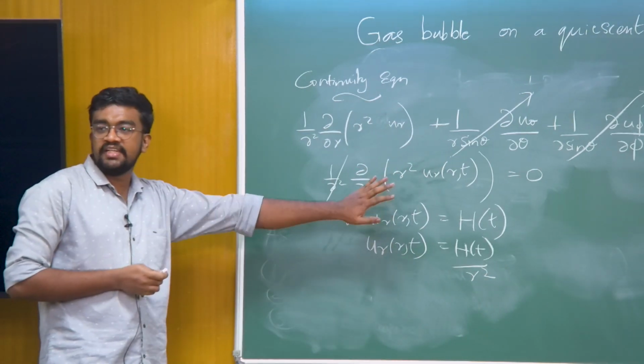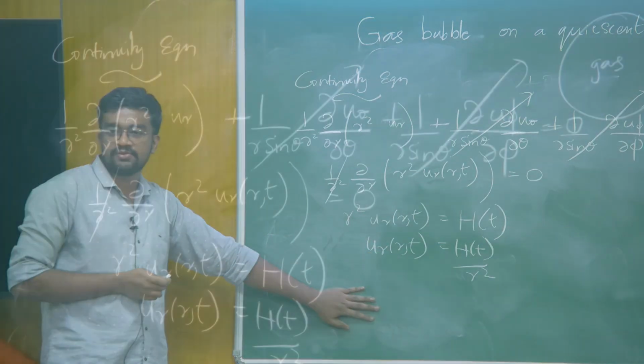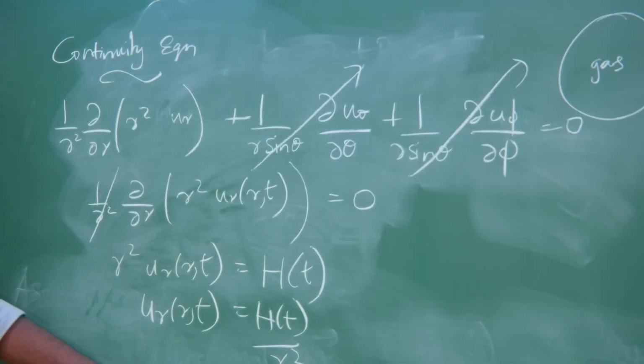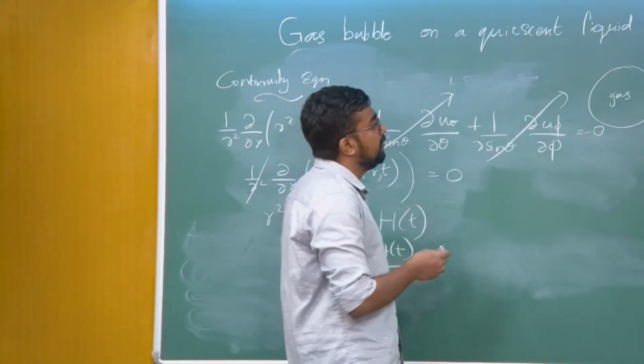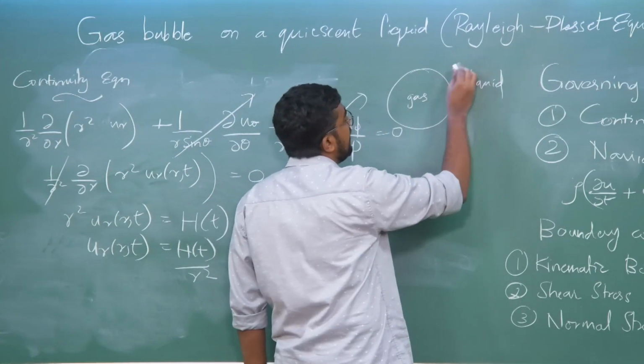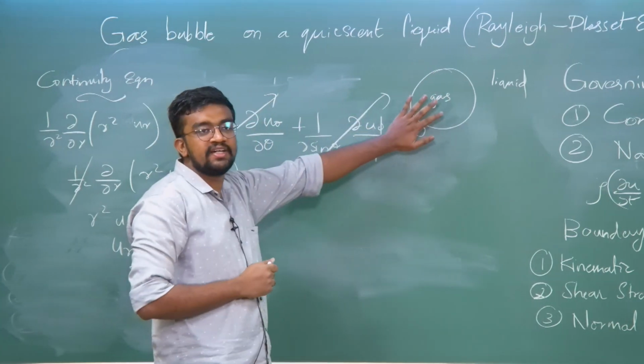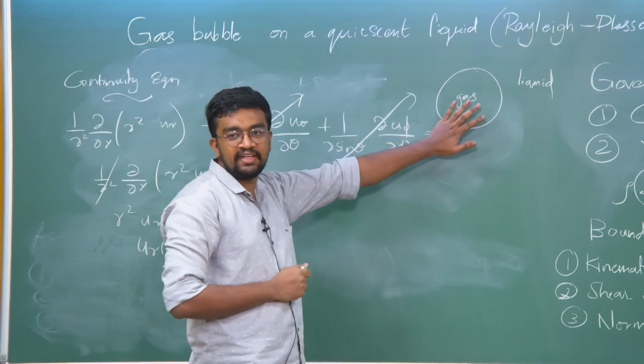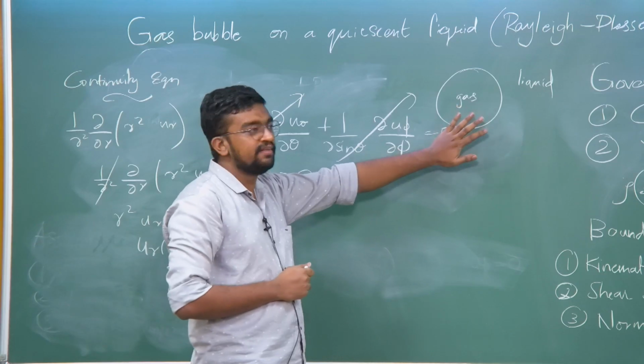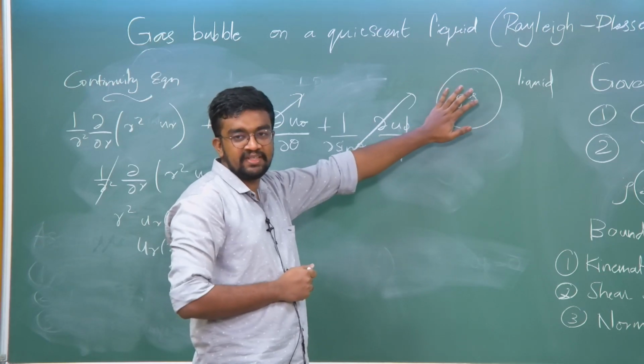Some variation with respect to time divided by r square is the radial variation. So, we will be solving for only the liquid side. Gas side is inviscid. We are not concerned with the velocity field in the gas. I will explain what is happening in the gas later.